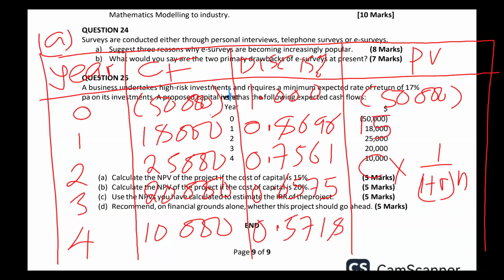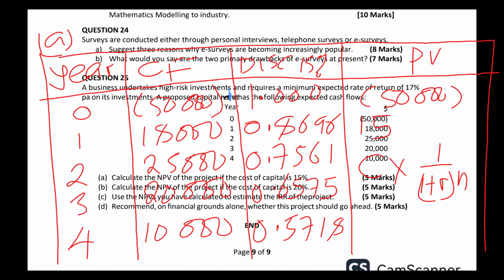You are multiplying the discount factor times the cash flow. This cash flow, which is 18,000 now, 18,000 times the corresponding discount factor in year 1, 0.8696.